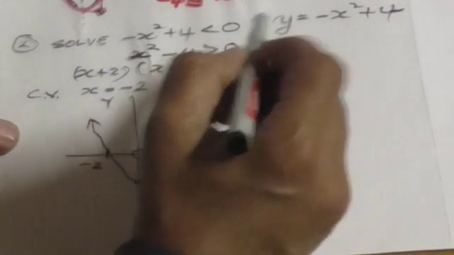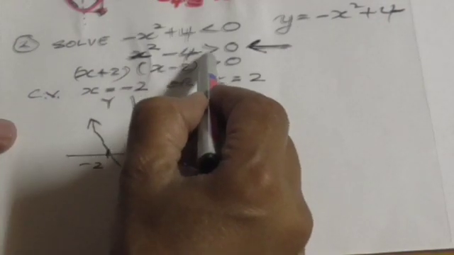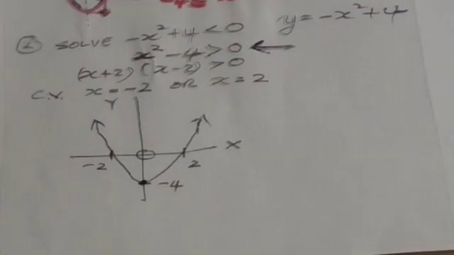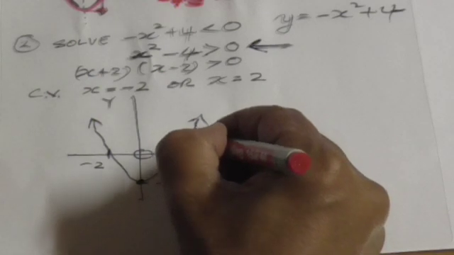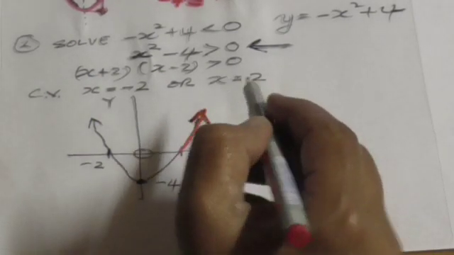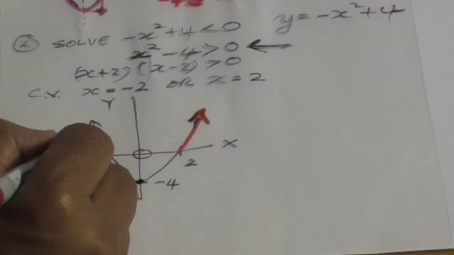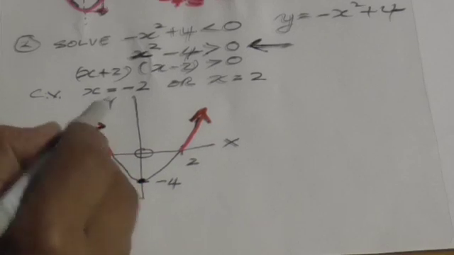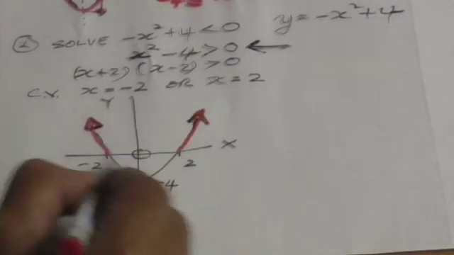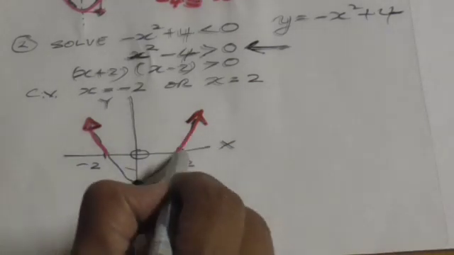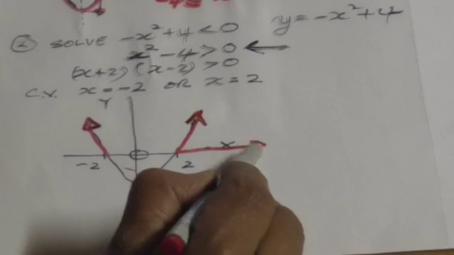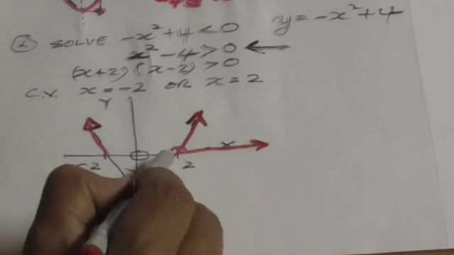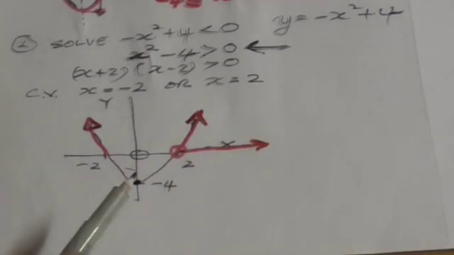Now let's see what the question says. It says find greater than 0. Greater than 0 means look at the graph that is above the x-axis. Now this graph is above the x-axis for all these values of x, but it does not include 2, so I put a circle there.